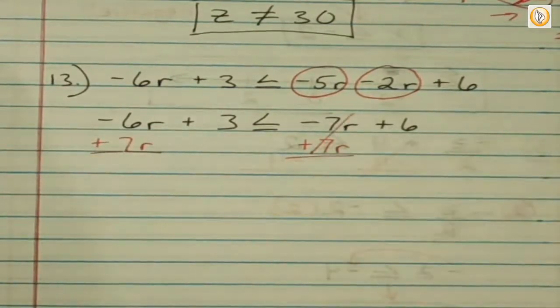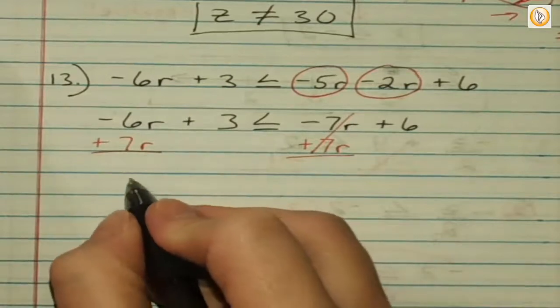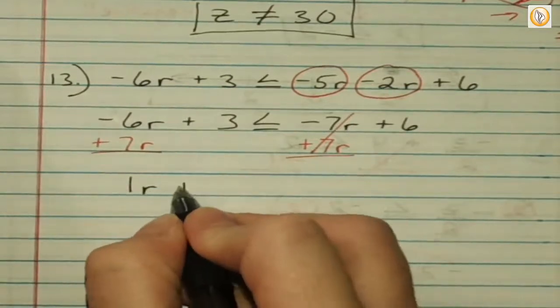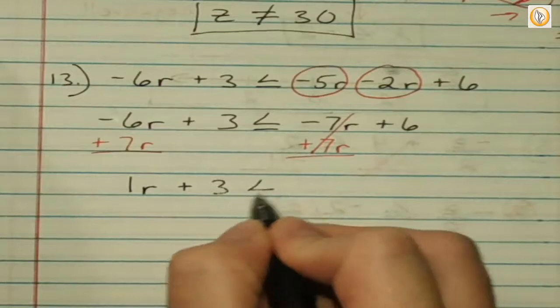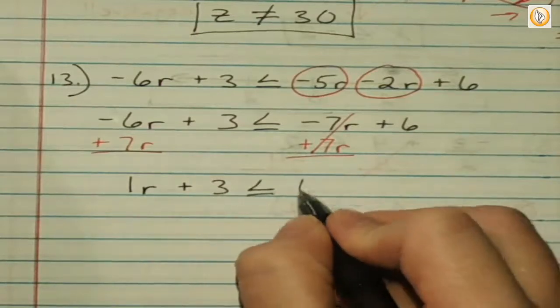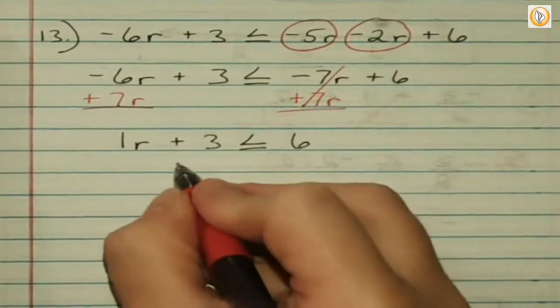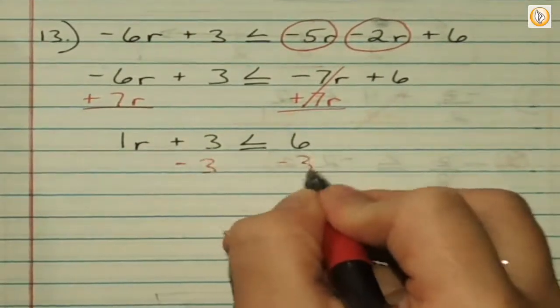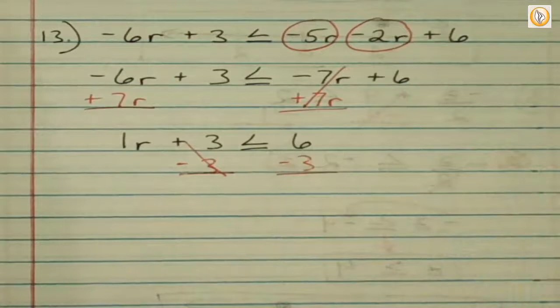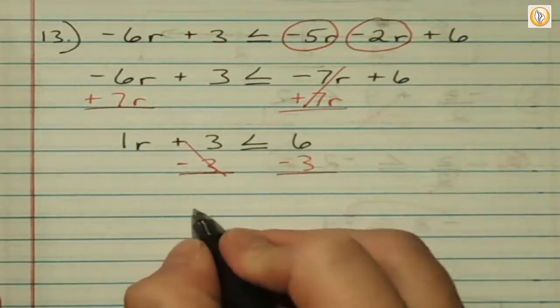Good job. And what do you get? 1r plus 3, and I'm rewriting my problem, less than or equal to 6. Now tell me what to do. Subtract the 3 to 6. Perfect. And what do you get? 3.